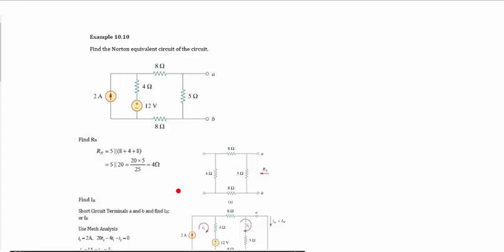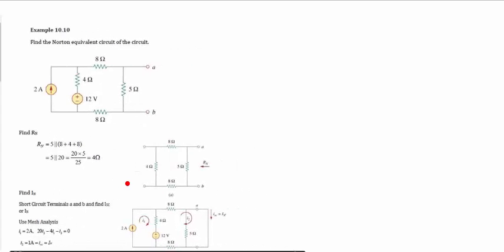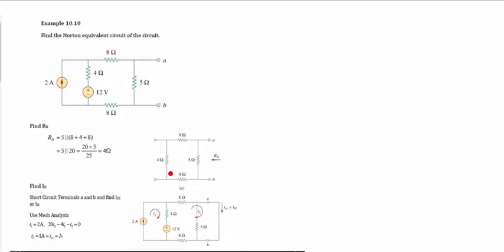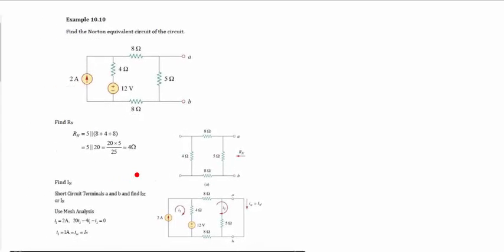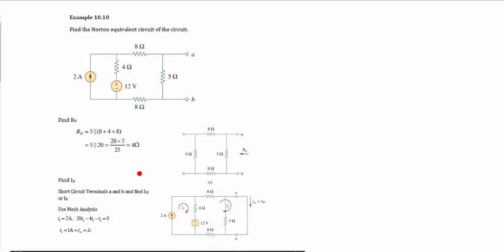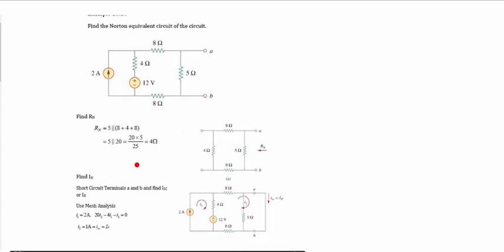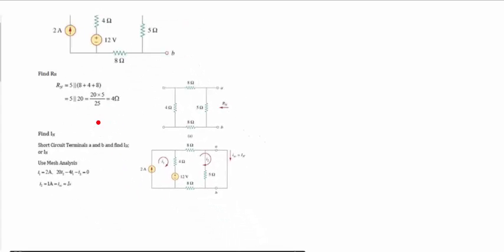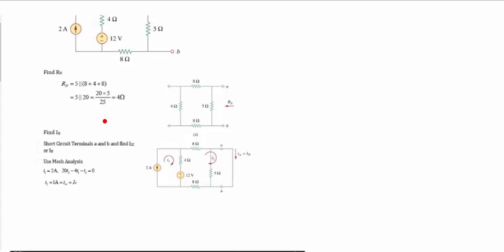We turn off all the sources, since there is no dependent source, and we get this. The 8 ohm and 800 ohm are in series, but they are in parallel with the 5 ohm resistor. So we get a parameter as 4 ohms.